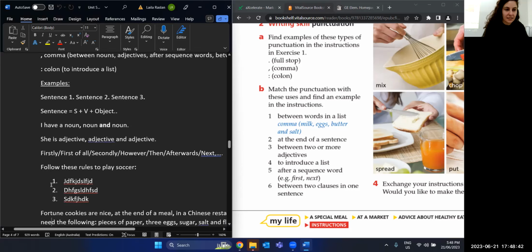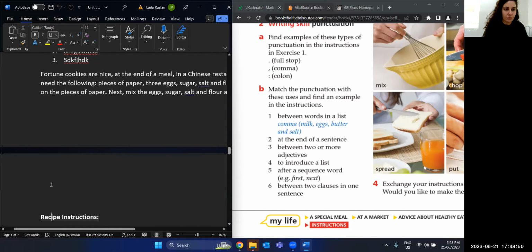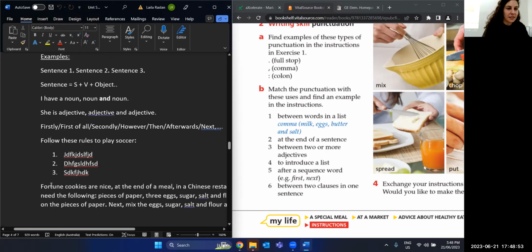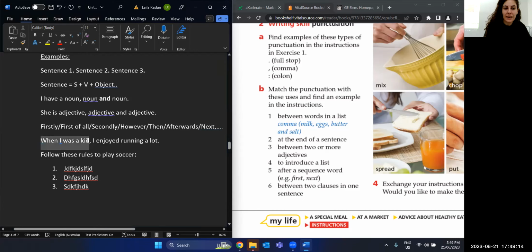It's like this. We can see that there are two parts here, because one has a subject and a verb, and then another has a subject and a verb.